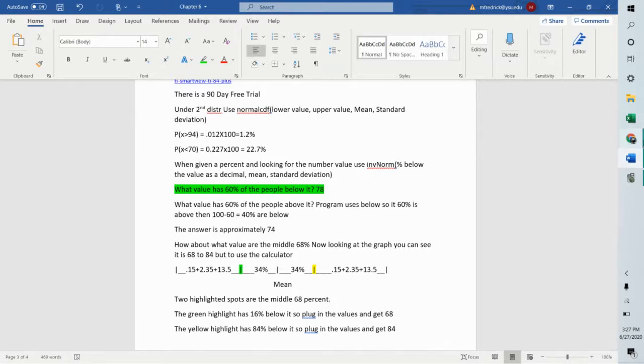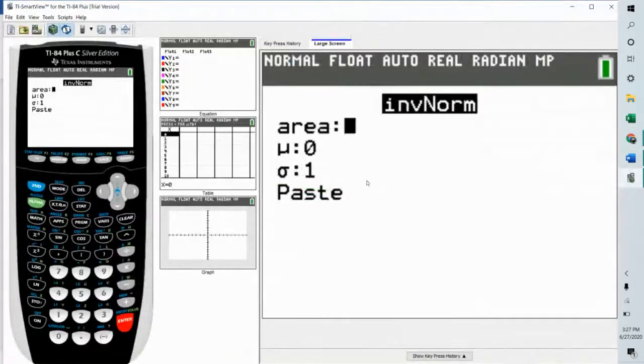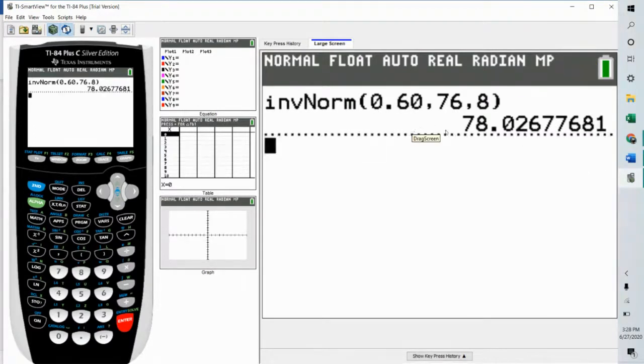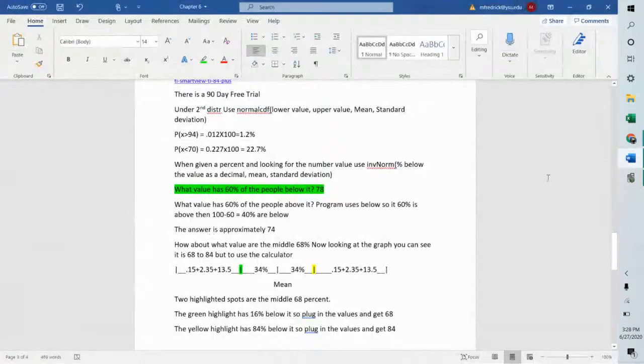And it says below. So our area is 60%, but it's written as a decimal. Our mean was 76 and a standard deviation of 8. Hit enter. And one more time. And that's 78. So the value 78 has 60% below it. And that's how I got the 78.